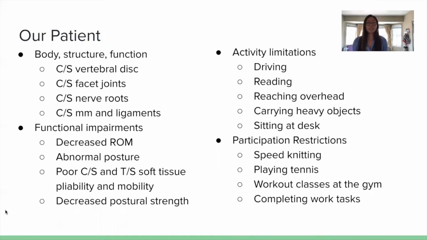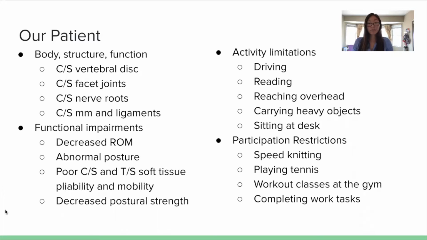And that's going to be decreased range of motion, abnormal postures such as a forward head or a kyphotic back in their T-spine, as well as hypomobility in their C and T-spine. And not to mention decreased postural strength because their endurance muscles are not activating.